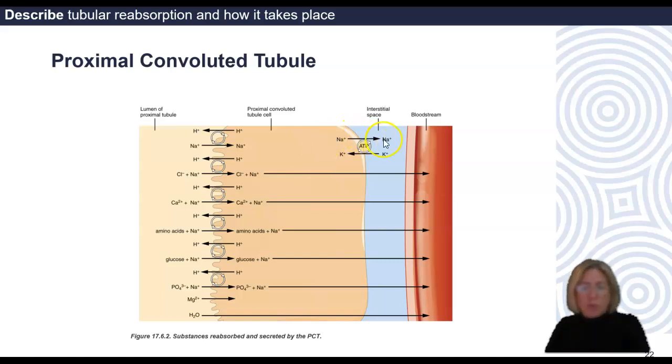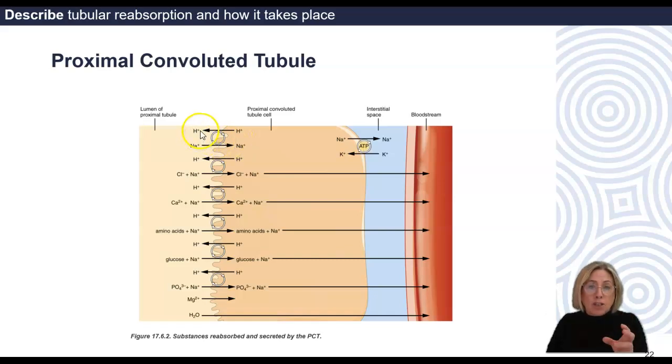Now, if you remove 3 sodiums from inside the cell, you're going to create a concentration gradient where the concentration of sodium here is greater than it is in here. And that's going to allow sodium then to move down its concentration gradient into the cells lining the proximal convoluted tubule, and then they're going to be pumped out, right?